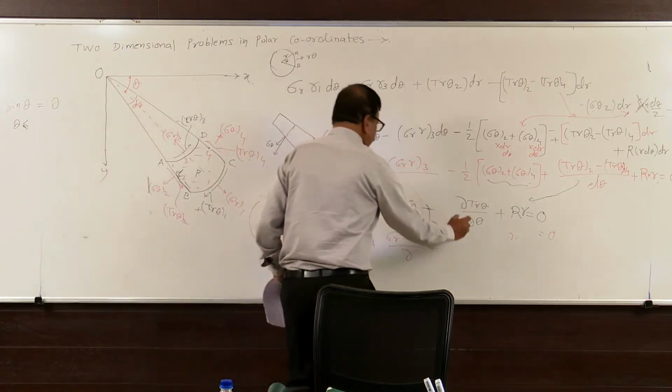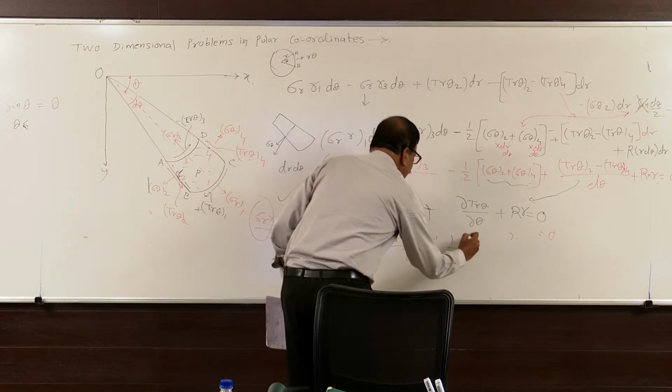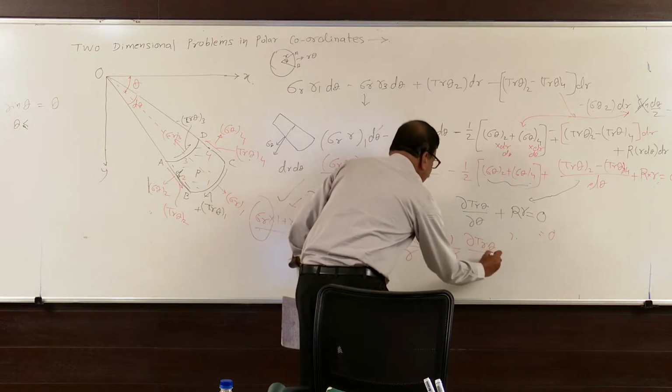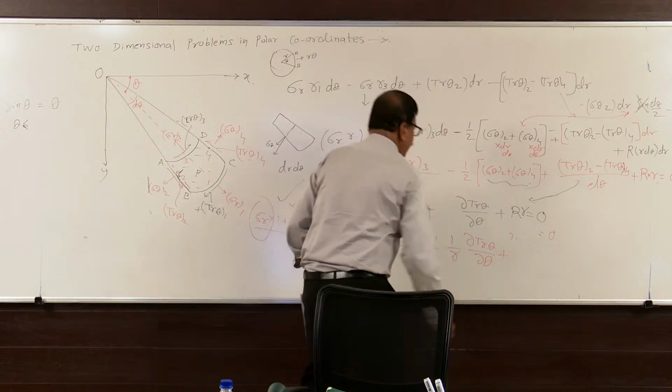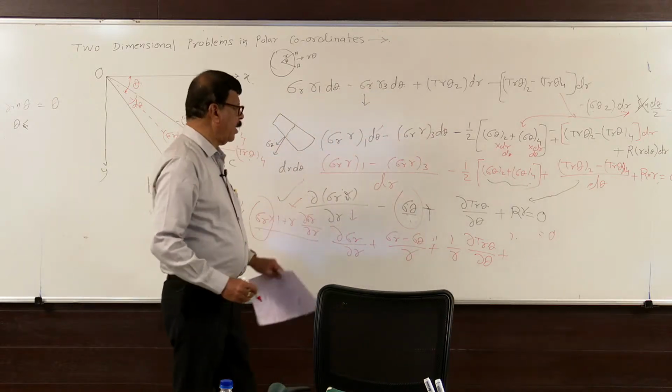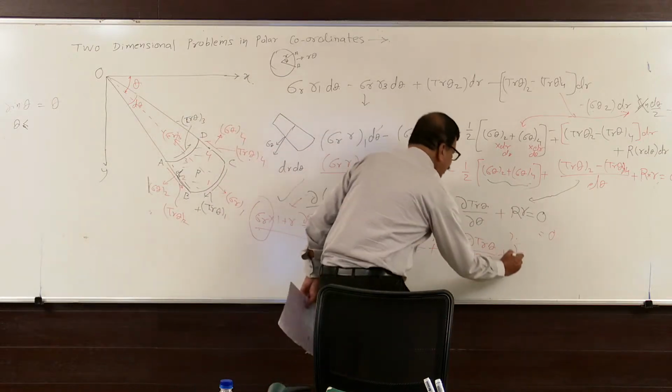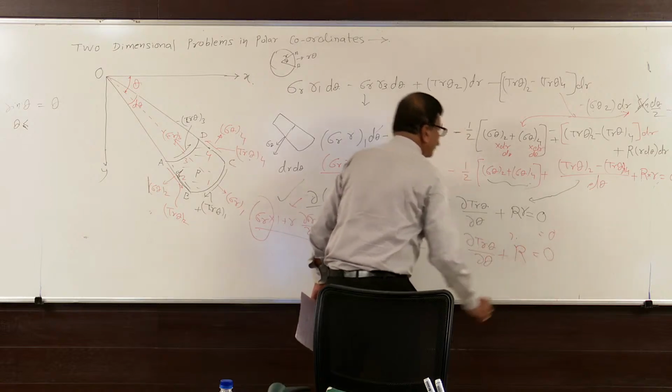Here you will divide by r, so you are getting tau r theta upon del theta. And here you will divide by r, so you will get r is equal to 0.